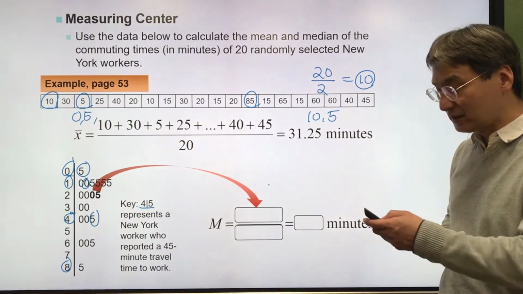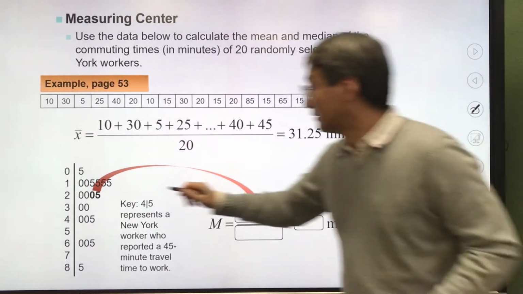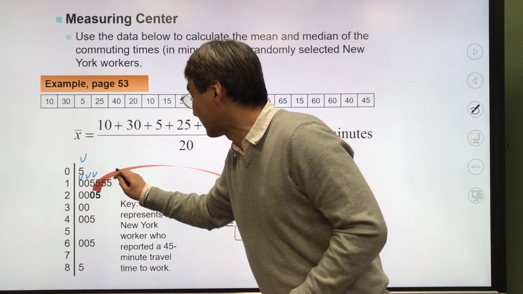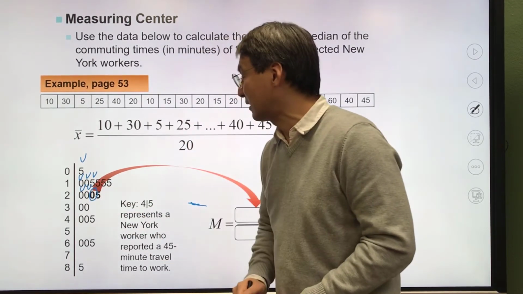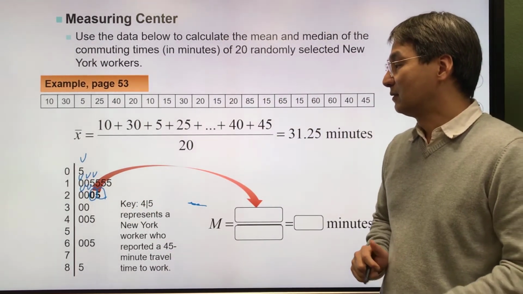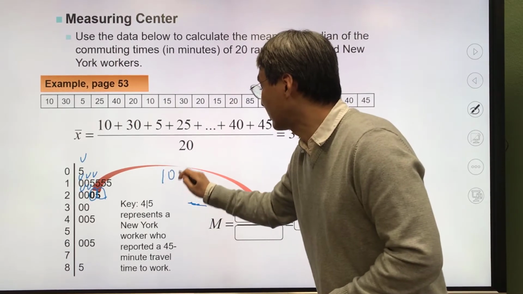Let's count the 10 numbers from the first one. 1, 2, 3, 4, 5, 6, 7, 8, 9, 10. This is the 10th data point, and this is the 11th data point. To be precise, the midpoint is 10.5.